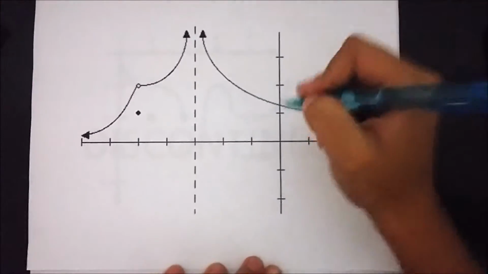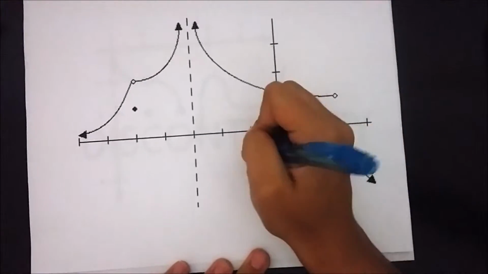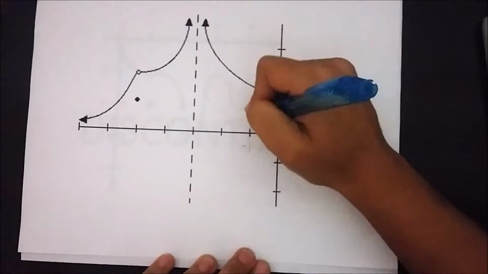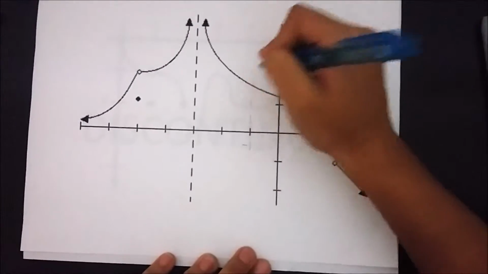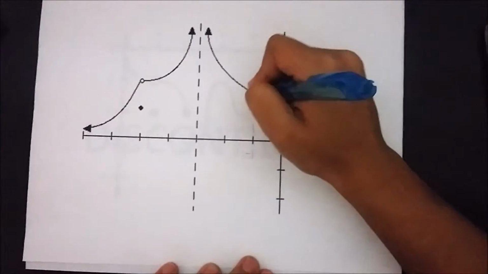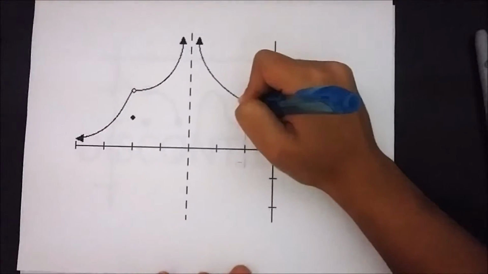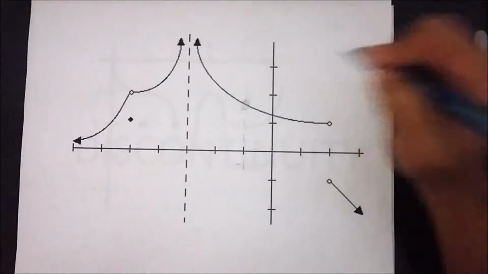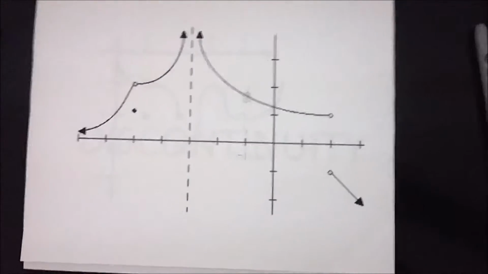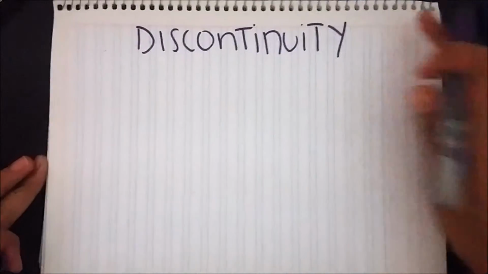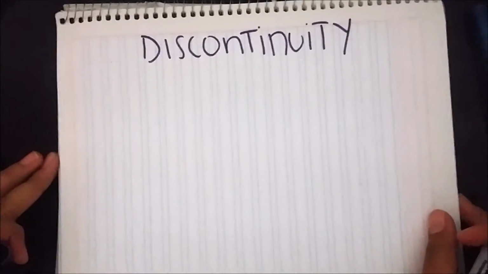For example, if they're asking the value when x is -1, we see that the graph is continuous because it is not ending or broken. In discontinuity, we have 3 different kinds.